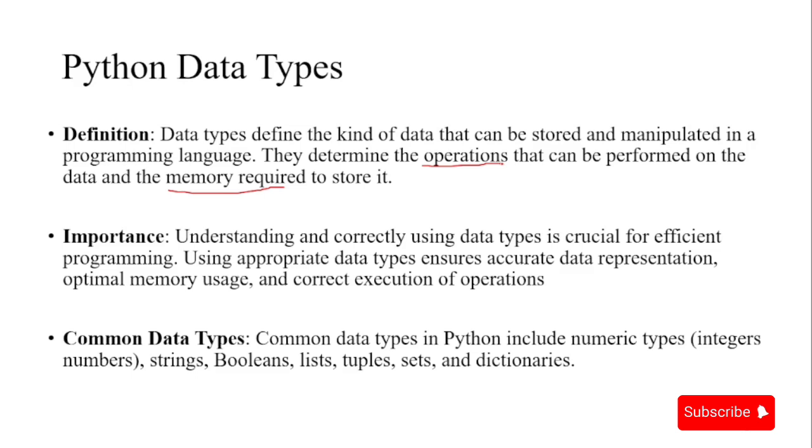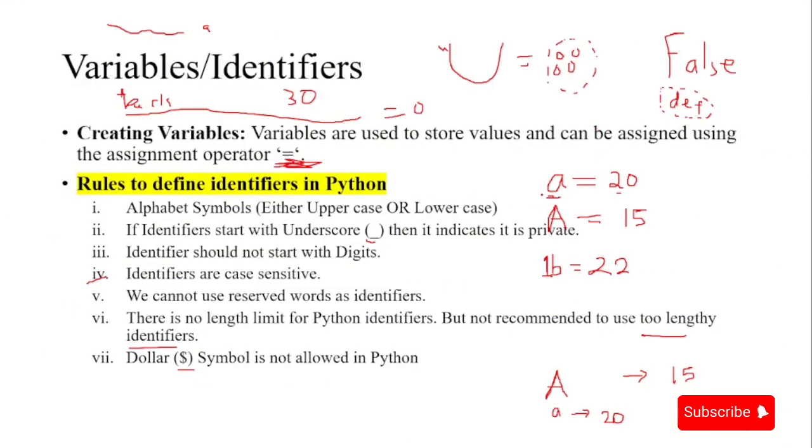Generally, a data type represents the type of the data that is present inside a variable. For example, I defined my variable a, and I have my 20. 20 is a kind of data type that I have.